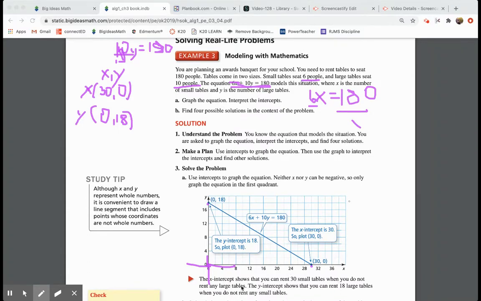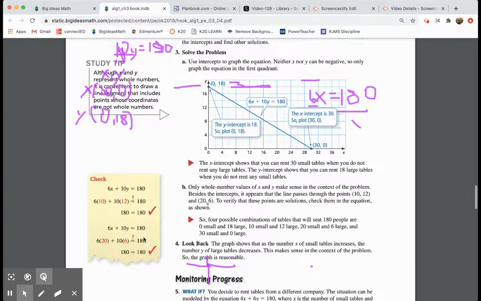So you could just word it to say, x-intercept: 30 small tables when you rent 0 large tables. Okay, your y-intercept is you could rent 18 large tables when you rent 0 small tables. That's all it means, is can you go back and talk about this in terms of the problem? Okay, then B says find 4 possible solutions in the context of the problem.